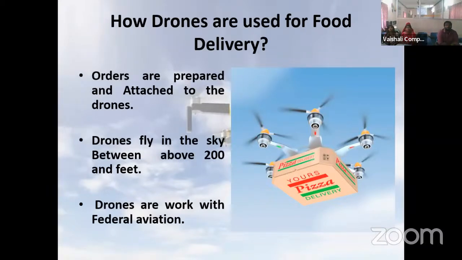How drones are used for food delivery: orders are prepared and attached to the drones, and they can fly in the sky at 300 to 400 feet with Federal Aviation Administration approval to deliver to the customers. Thank you, sir. The next slide will be explained by my teammate Bhavani.